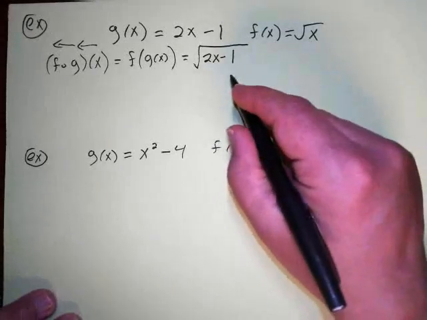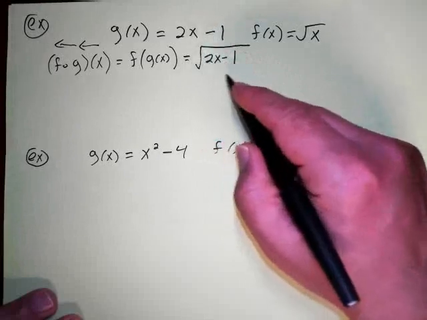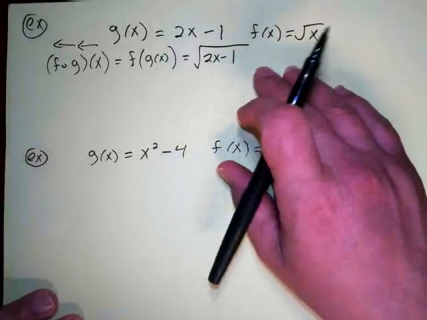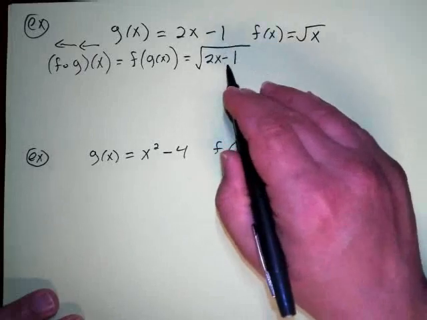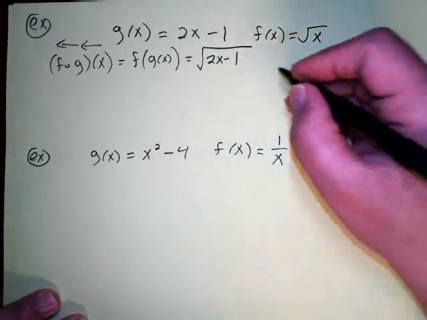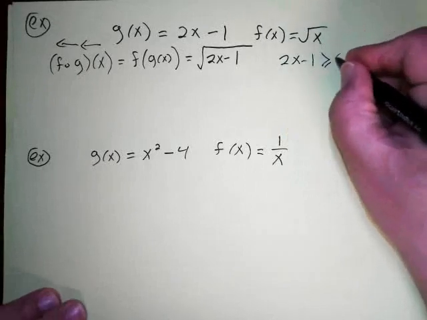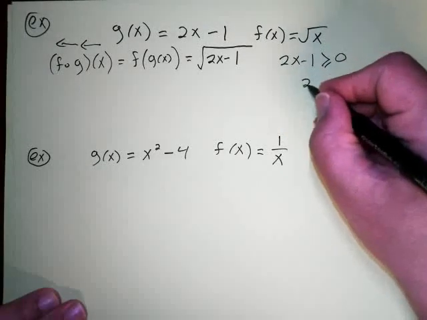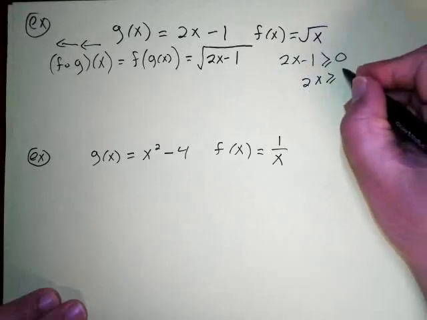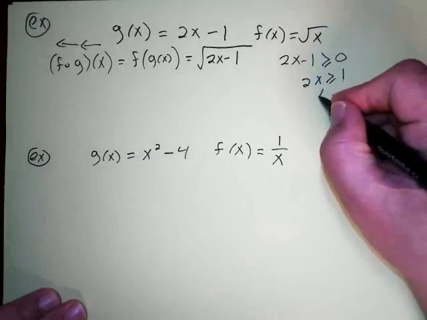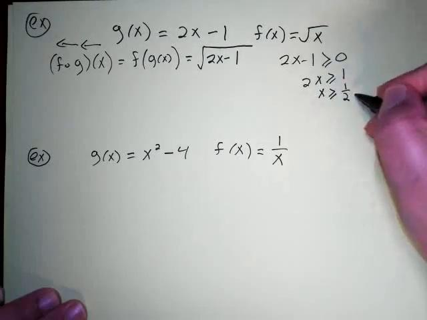So what about the domain of this? Just look at the final function. I have to restrict the domain so that there is no negative number underneath the radical. So 2x minus 1 has to be greater than or equal to 0, which means 2x has to be greater than or equal to 1, and that means x has to be greater than or equal to 1/2.